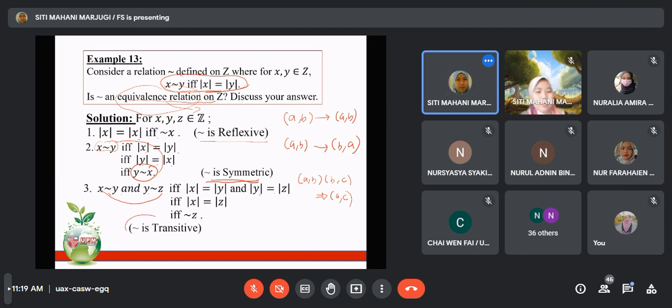Okay? So you can show every form is reflexive, symmetric, and transitive. Okay, if the three properties are satisfied, so we can declare this is an equivalence relation.